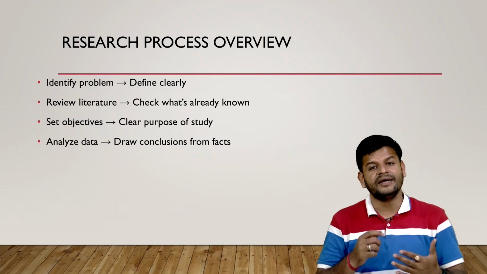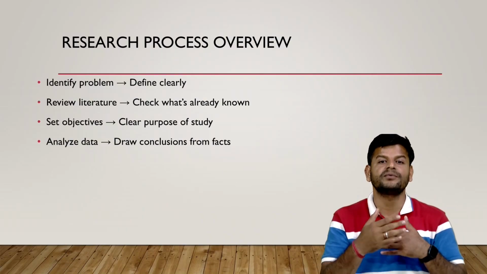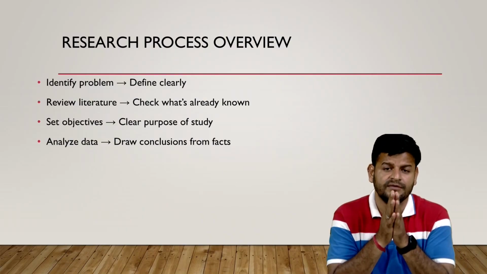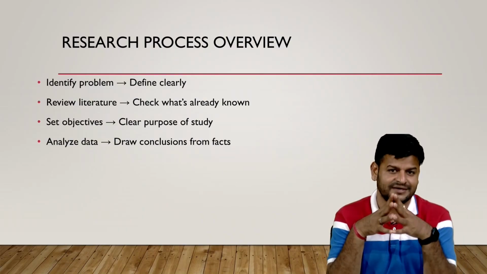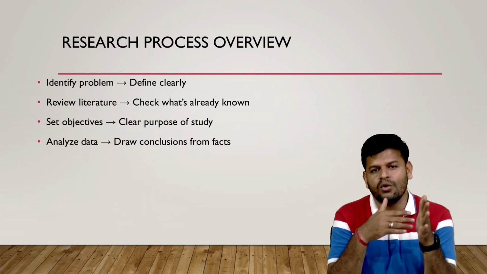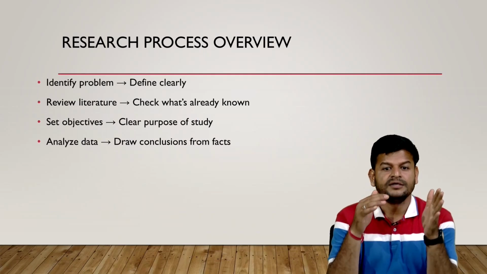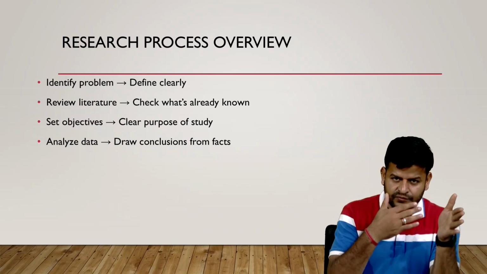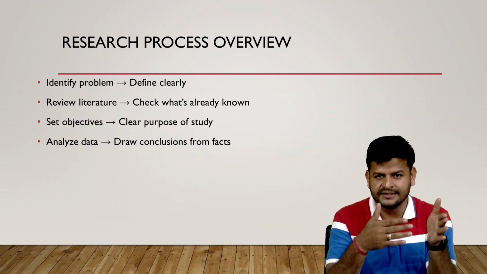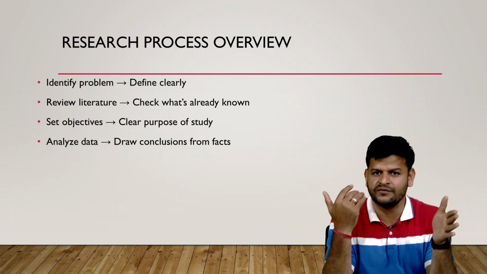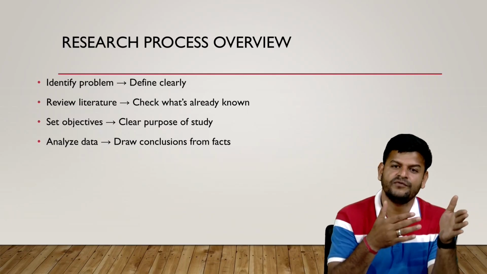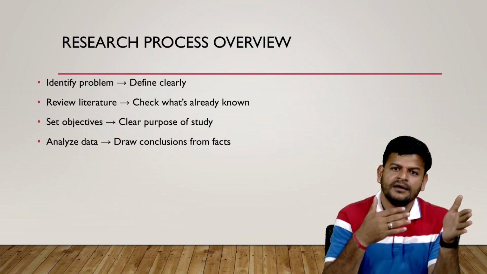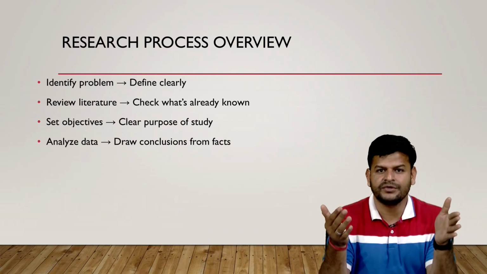So, we need to identify first and foremost our problem, which must be clearly defined, right. Then we need to go with a review of literature, like checking what is already known. Means we need to decide: if we go with flights, then from 10 to 12:30 we will be in Delhi. If we use a superfast train, then evening 8, morning 3:30.